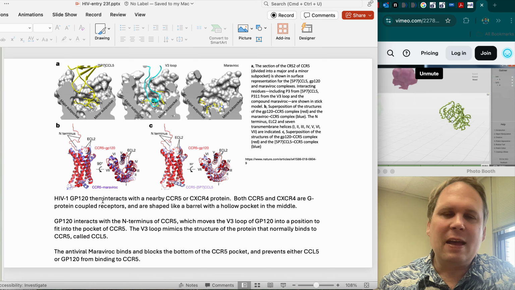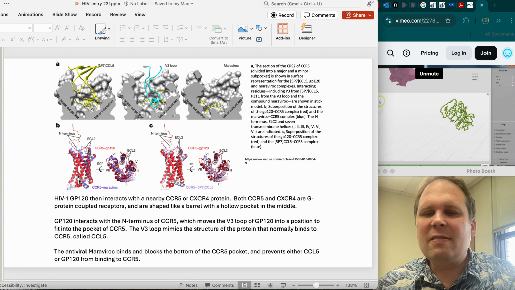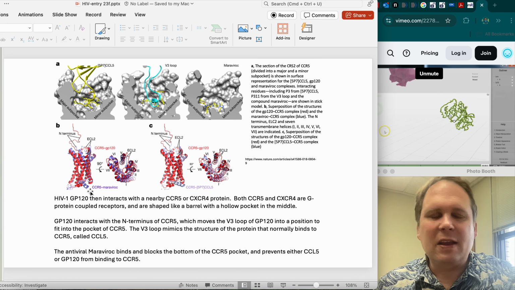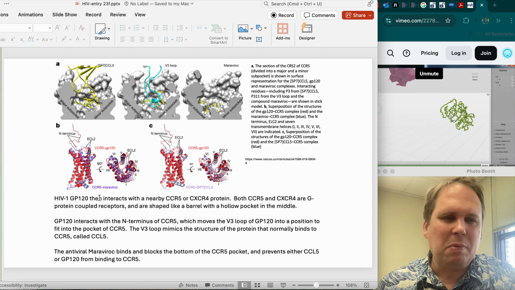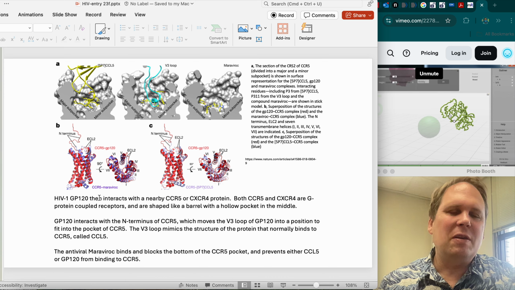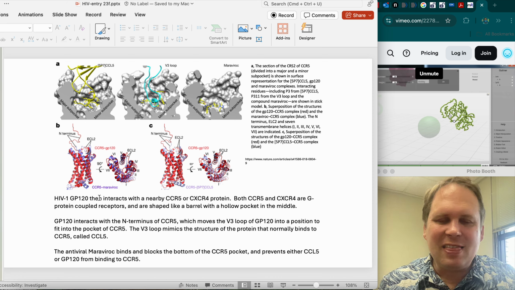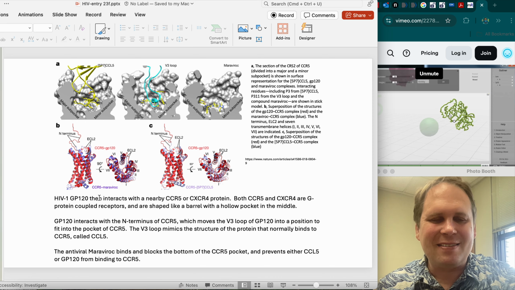And CCR5 and CXCR4 are both G protein coupled receptors, which means that off of this helix 7 over here, there's going to be a G protein coupled to the receptor. This is the receptor part. And that G protein is going to have GTP in it, and it's going to hydrolyze it to GDP, and it's going to go out and activate things and cause stuff to happen inside the cell.